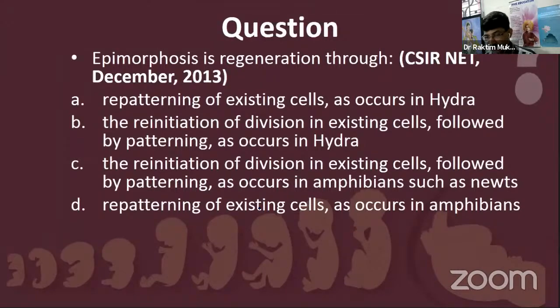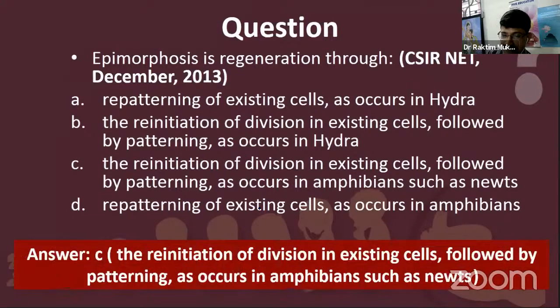Of course, without wasting much time, let me come to the correct answer. The correct answer is reinitiation of division in existing cells followed by patterning, and this occurs in amphibians such as newts. And the correct answer is option C. Option C is the right answer, and that fits the definition of epimorphosis.